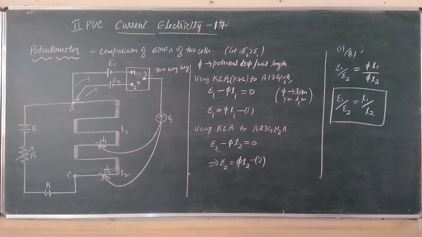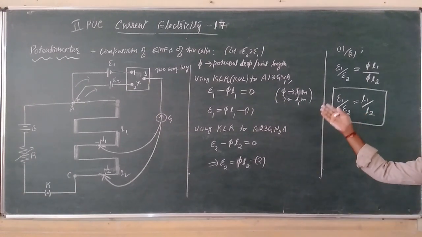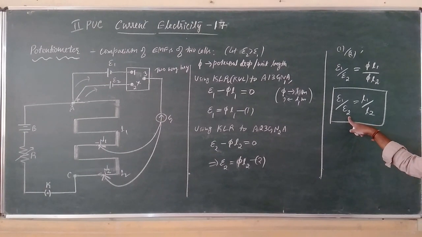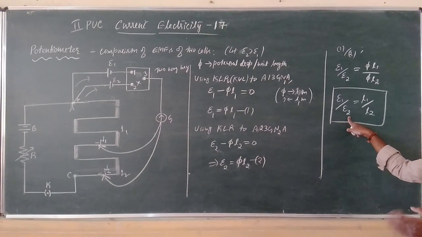Two cells are connected, in which the EMF of one cell is accurately known. What is the EMF of the other cell? You can calculate it using this method. Using this equation, you can find E1 if E2 is known, with good accuracy.